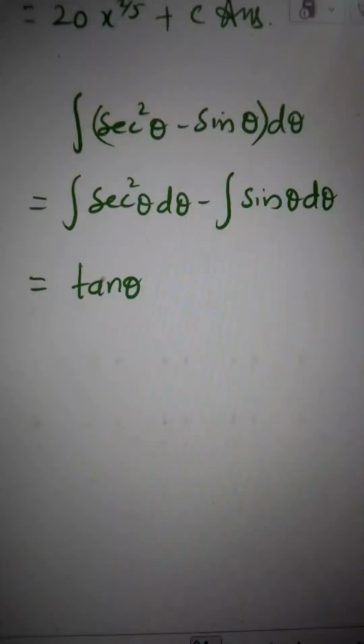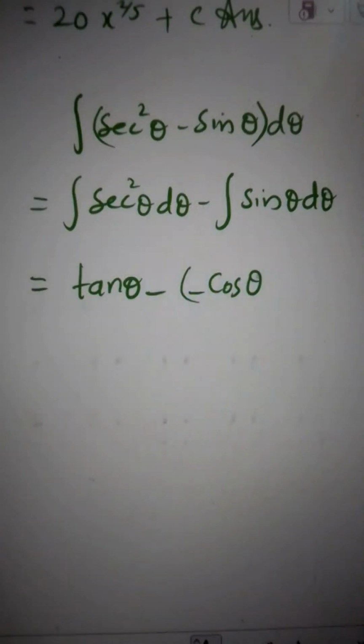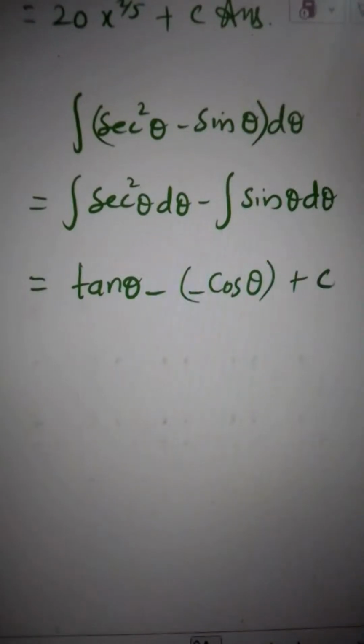And this logic confirms the validity of the result you have written here. Secant square integral is tan, minus sine integral is minus cos. Sine integral is minus cos, and plus c obviously appears here because it is an indefinite integral.